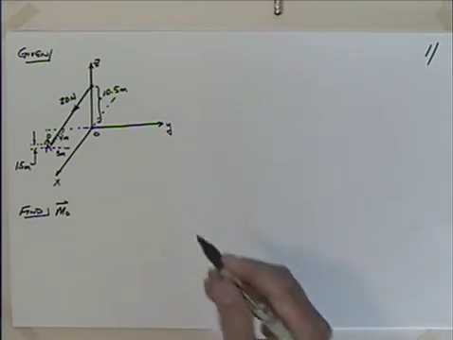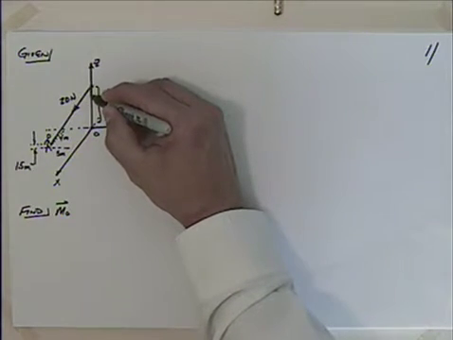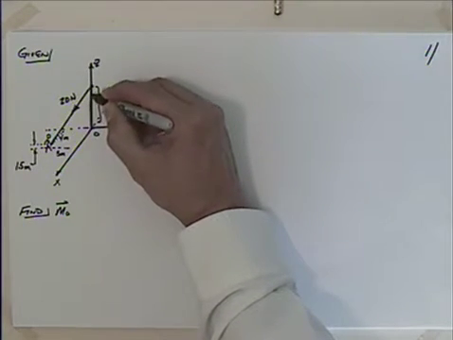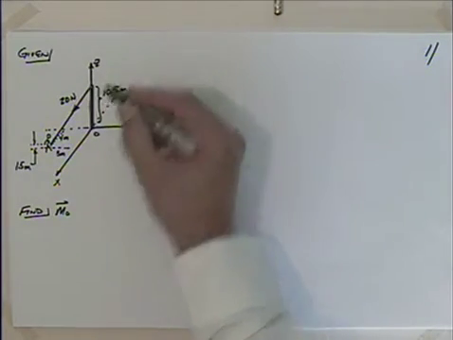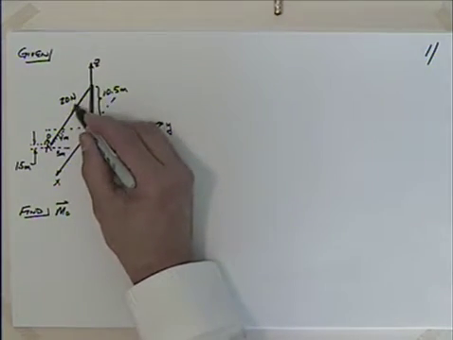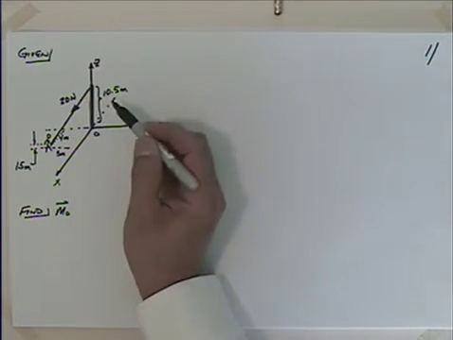This first example, we've got something, maybe this is a column or a post, and it's got a rope or cable attached at the top up here, and we have this person applying a force through that rope or cable of 20 newtons.